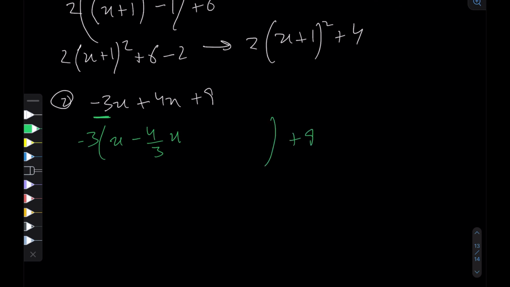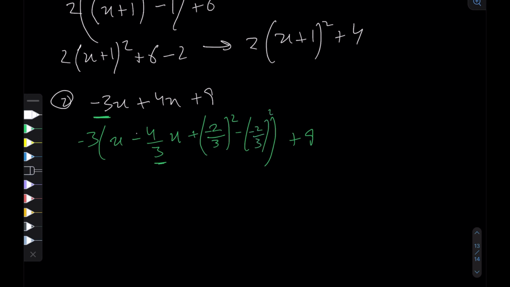Right, so now I take this coefficient and I divide by 2, so 4 over 3 divided by 2 is 2 over 3, and so it becomes negative 2 over 3 squared. Since I've added something, I subtract the same thing squared.